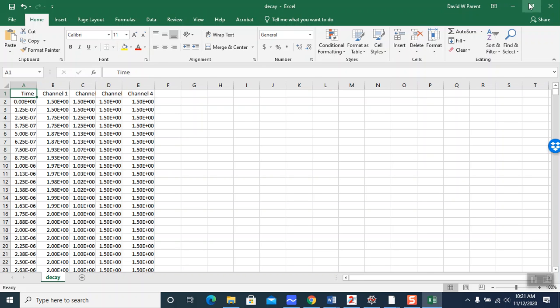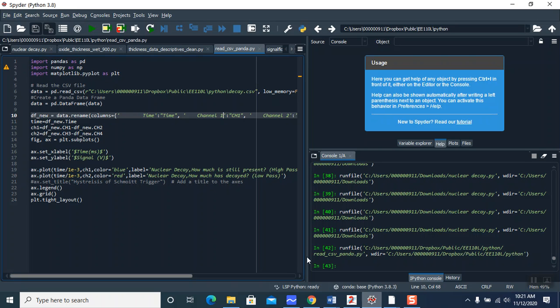Now you could edit this file, but it's much better in Python. And what I'm doing here is changing the names that won't work for Python programming to something that will. And then because it's differential, I make a channel 1, which is the difference of channel 1 and 2, and a CH2, which is the difference between 3 and 4. Read it in, and we plot it.